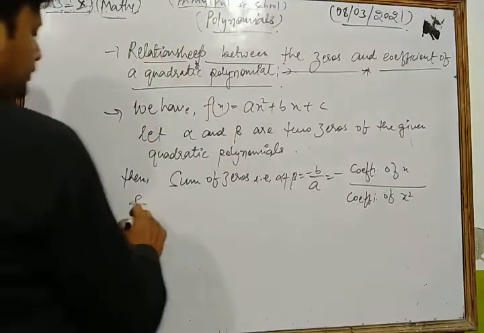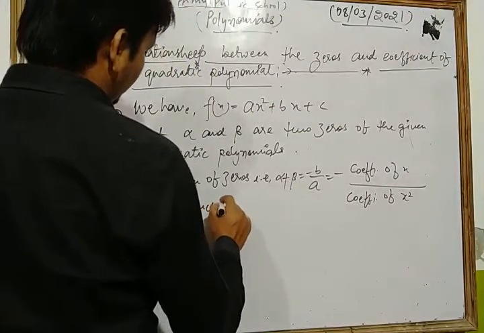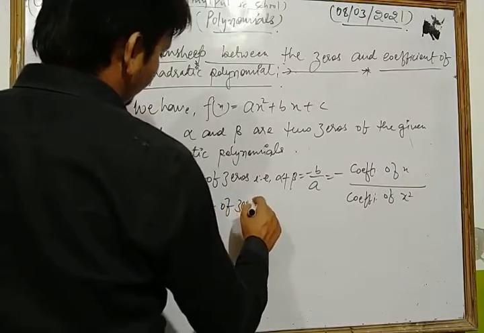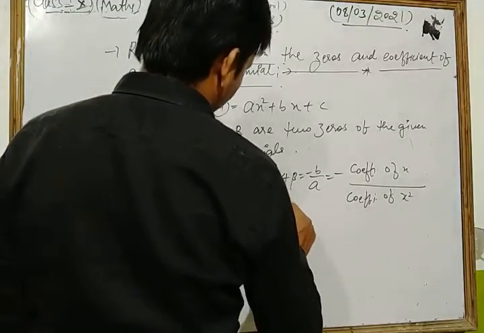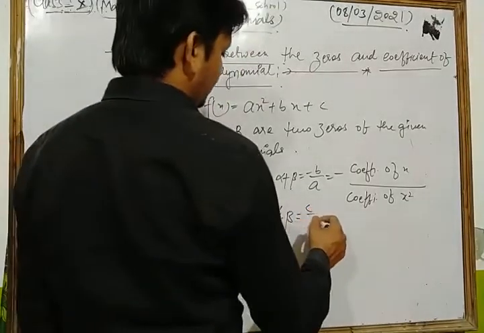And another relation between them is the product of zeros, that is alpha into beta. Alpha into beta is equal to c upon a.